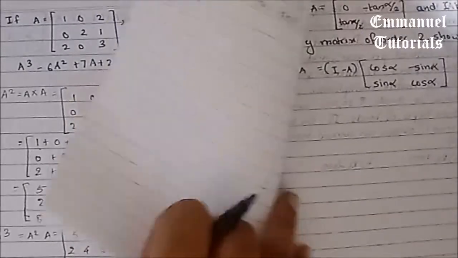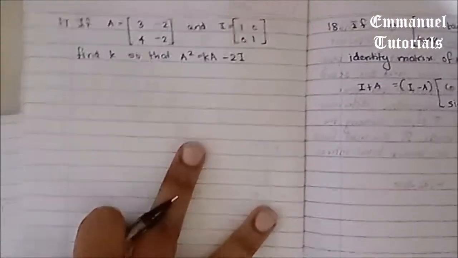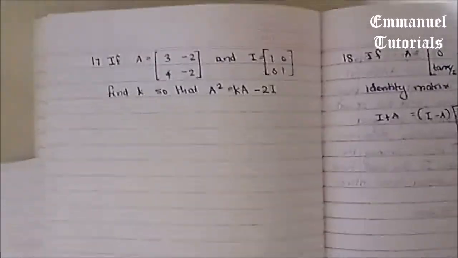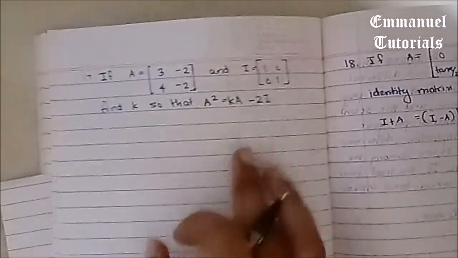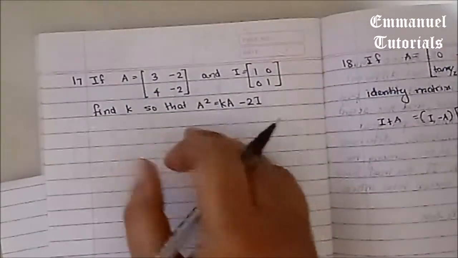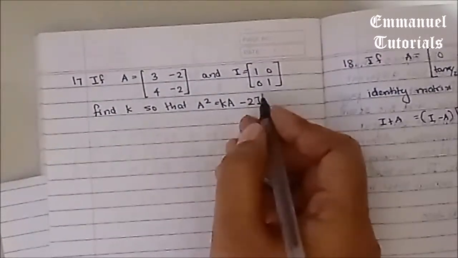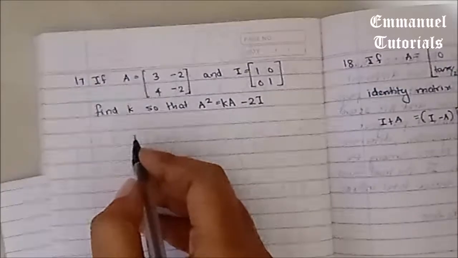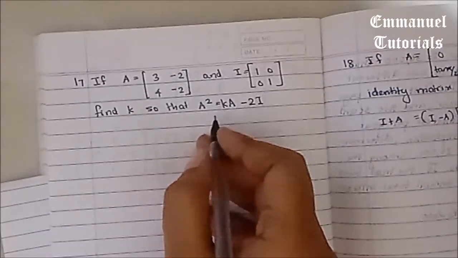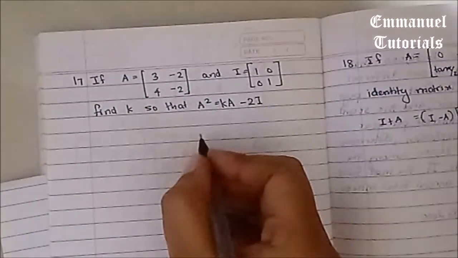Now let's go to the next question. If A is equal to [3, -2; 4, -2] and I is equal to [1, 0; 0, 1], you have to find out k so that A square is equal to kA minus 2I.